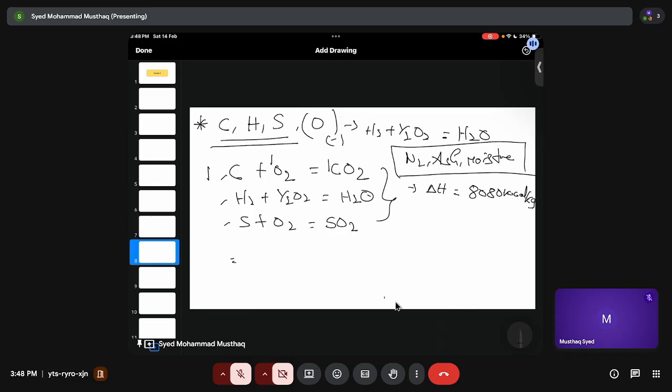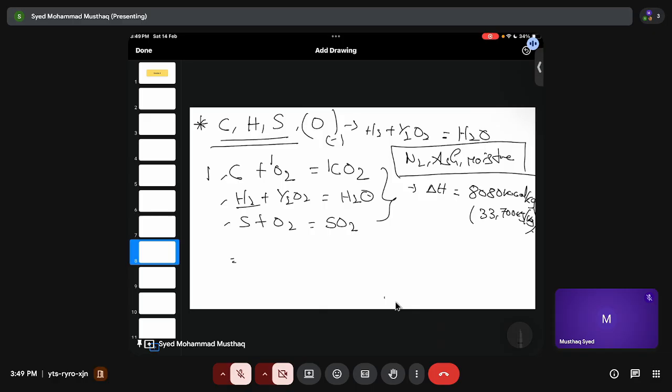This is in kilocalories. If you want joules, 1 calorie equals 4.186 joules, right? Let's assume it is 4.2, then 8080 into 4.2 gives me about 33,700 kilojoules per kg. Let's normalize everything to per kilogram. That will be helpful.